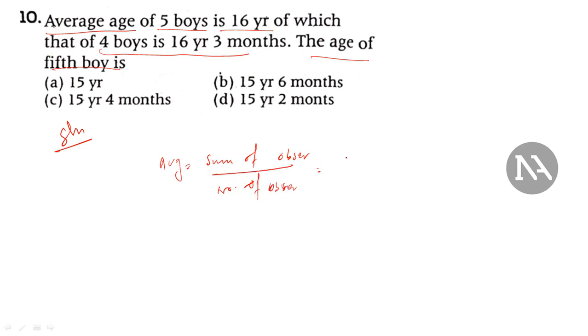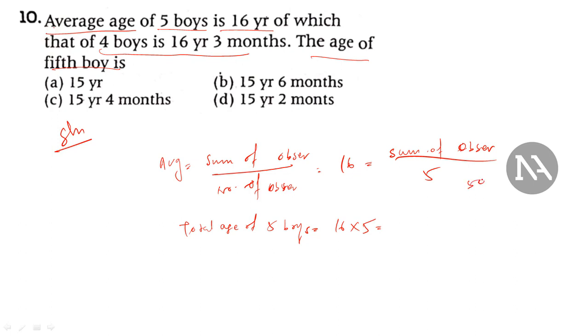So here the average age of 5 boys is 16 years, and the number of observations is 5. So the total age of 5 boys is 16 into 5. 10 5s are 50, 6 5s are 30, so it is 80. 80 is the total age of 5 boys.